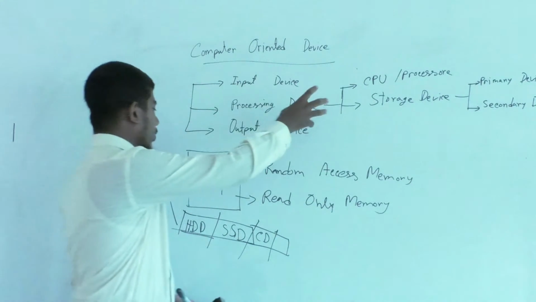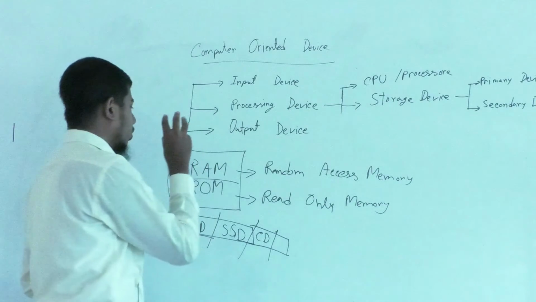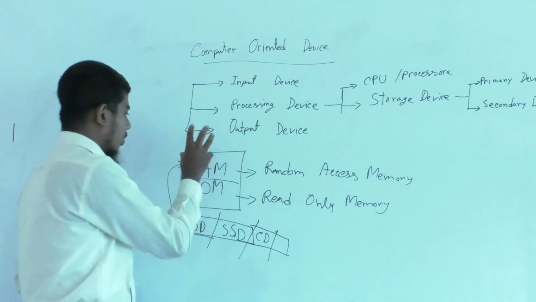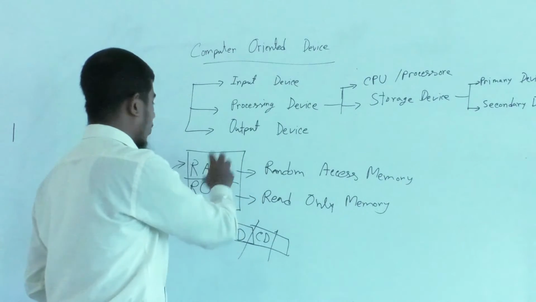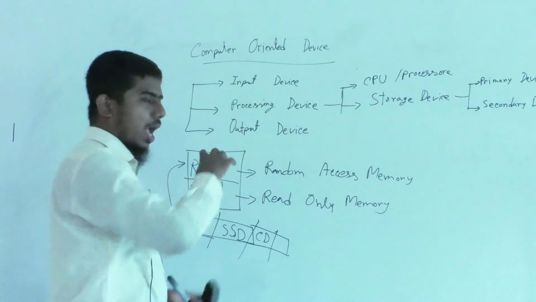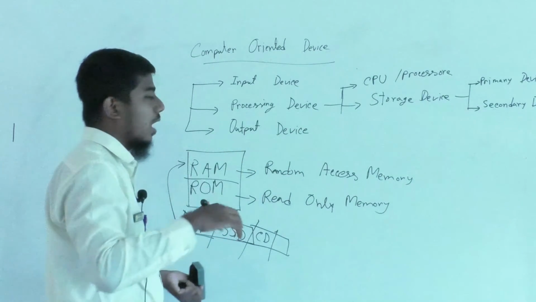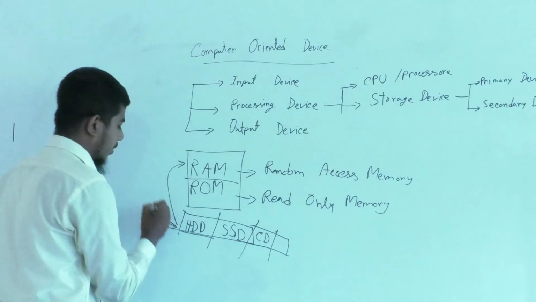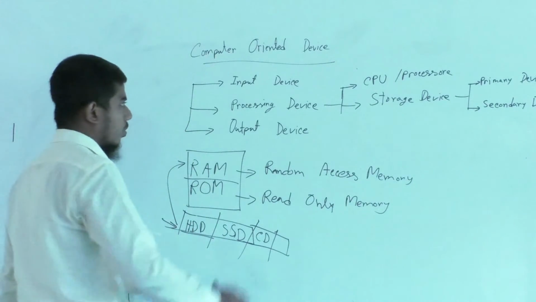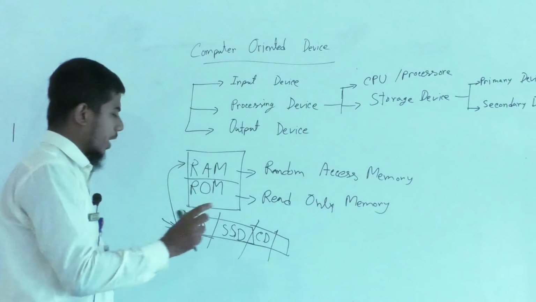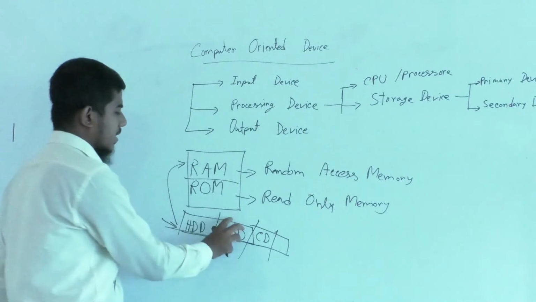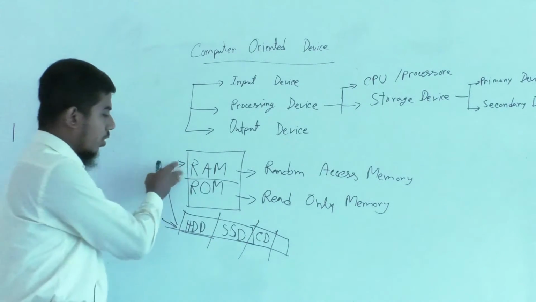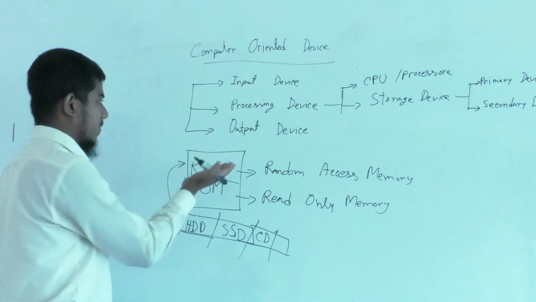The CPU operates on the data which relies on RAM. After taking the data from RAM, it processes, and if necessary, after processing, it goes to the secondary device and is saved there again. So the CPU doesn't take data from the hard disk, SSD or CD directly. It requires RAM to take the data from the storage.